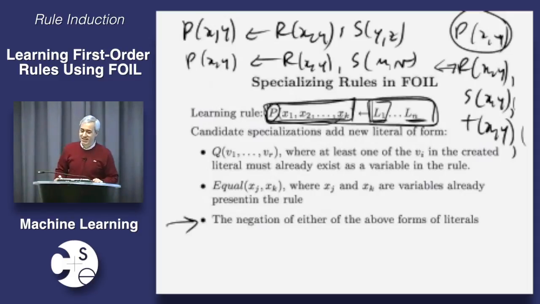But more to the point, is it a good idea to add S of uv to this rule? It doesn't have any relation to the original predicate. That's right. It fails the common sense test. I'm trying to classify X. Why am I talking about the relationship between U and V that have no known relationship to X? It doesn't make any sense. So we probably want to allow this, but not this.